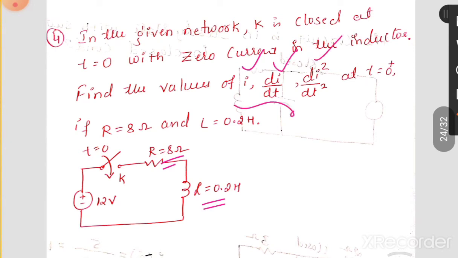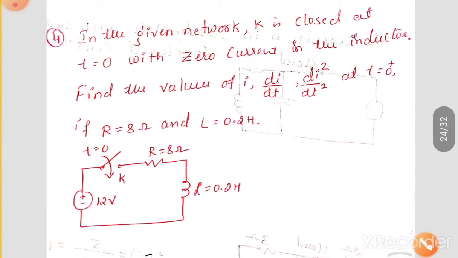We have to make such an equation that if you differentiate it once, we get di by dt, and if you differentiate another time, you get d square i by dt square. Okay, that is the first thing.